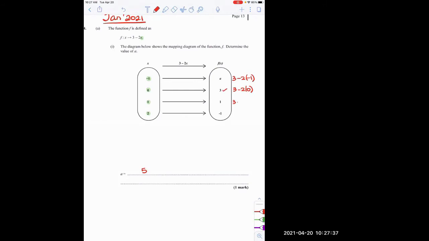And 3 minus 2 by 1 will give me 1. And 3 minus 2 by 2 will give me negative 1. So it's a matter of substituting the corresponding values for x to get the f of x, right? Any questions? No, miss. Okay.